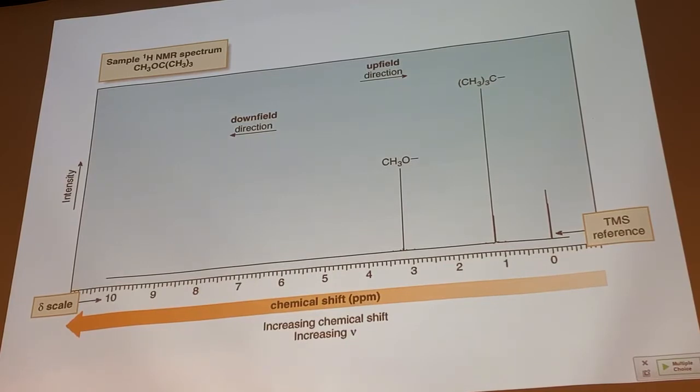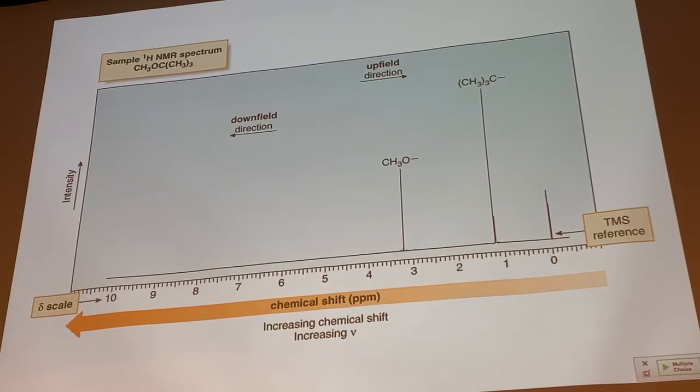So if we have a set of hydrogens that has more electrons nearby, it's going to be more shielded. It's going to feel a smaller amount of the applied magnetic field than a set of protons that has less electrons nearby. And so, based on the shielding or the lack of shielding, which we refer to as de-shielding, our different sets of hydrogens are going to feel a different percentage of the applied magnetic field.